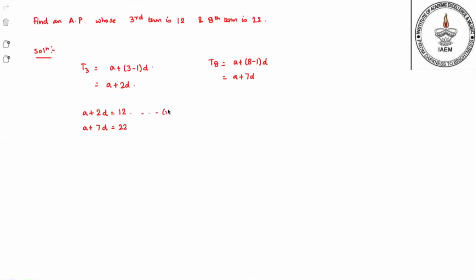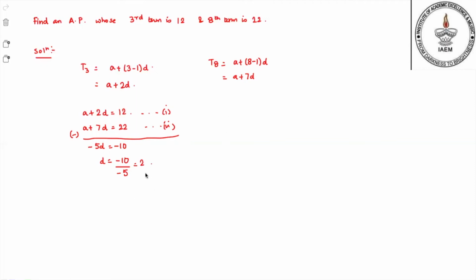If we mention this as equation 1, this is equation 2, there are two variables, two equations. Solving the simultaneous equations and just subtracting, I'll get minus 5D equals minus 10. So D equals minus 10 by minus 5, which is 2.